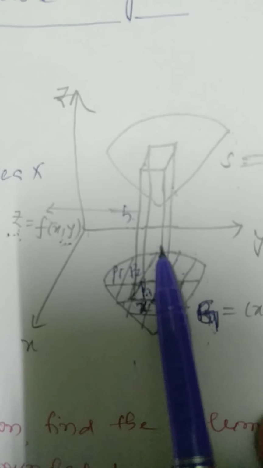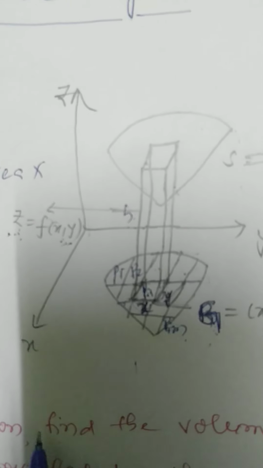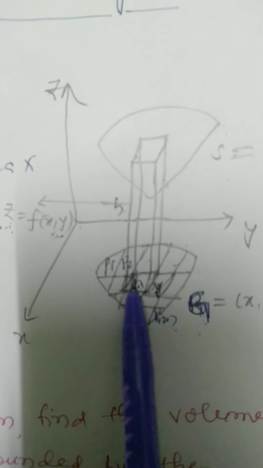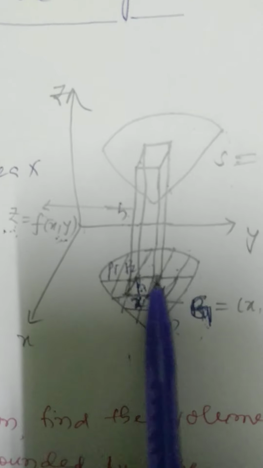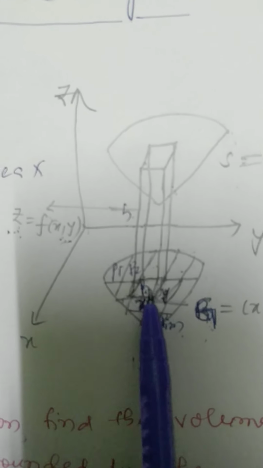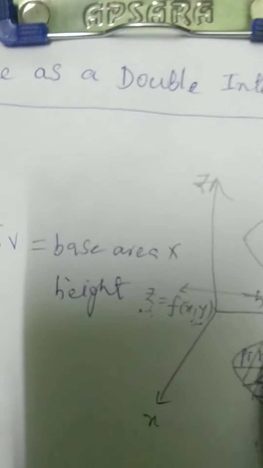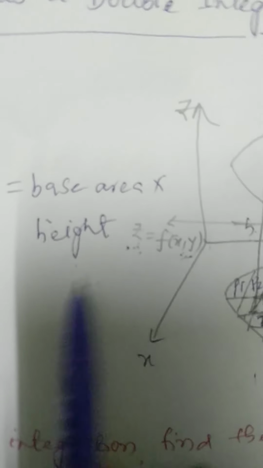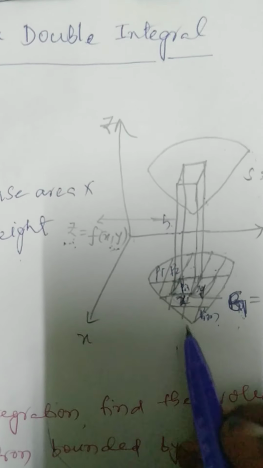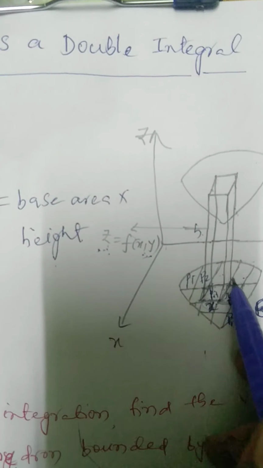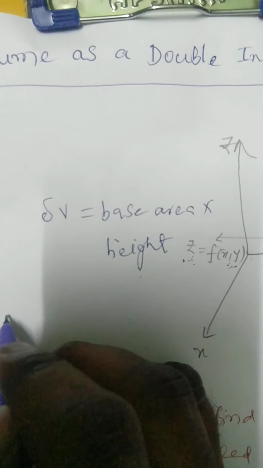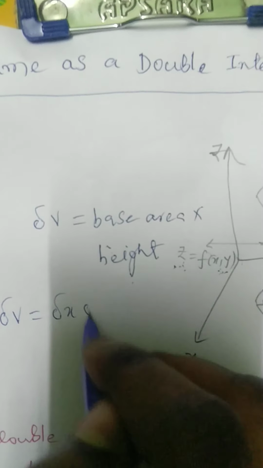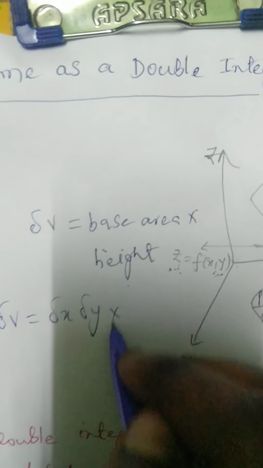I'm going to find the volume of this rectangular parallelepiped. How we can find the volume of this rectangular parallelepiped? Volume equals base area, the rectangular base area, into height. That is, volume delta V equals base area into height. What is base area here? The small area, delta x into delta y. So delta V equals delta x delta y into height.